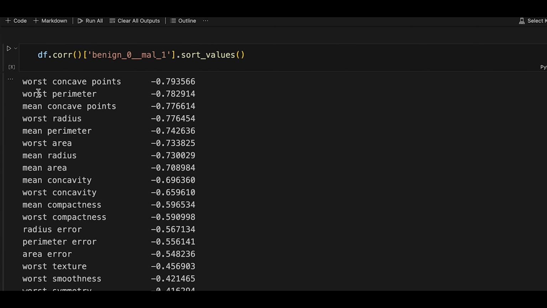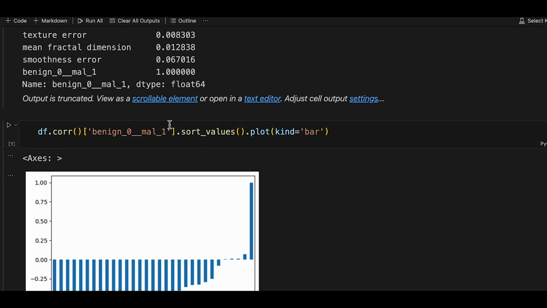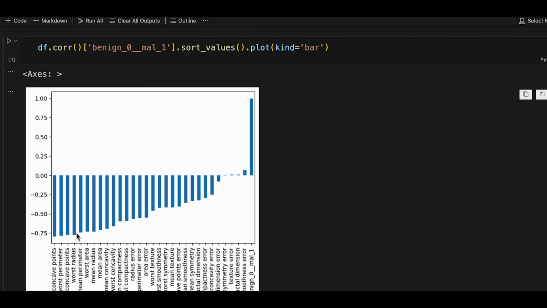These are the corresponding features and their correlation values with the output. If we plot this, all these are highly correlated because they are near to -1, whereas a few points are near to 0 and not crossing 0.25, and the last one is the same as the output, which is why it is equal to 1.